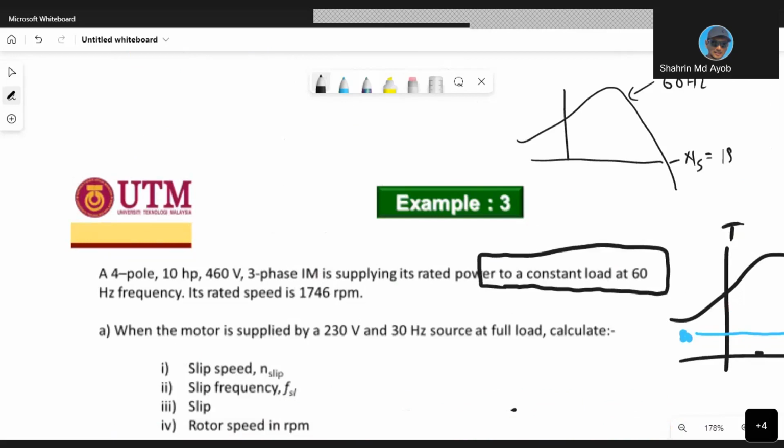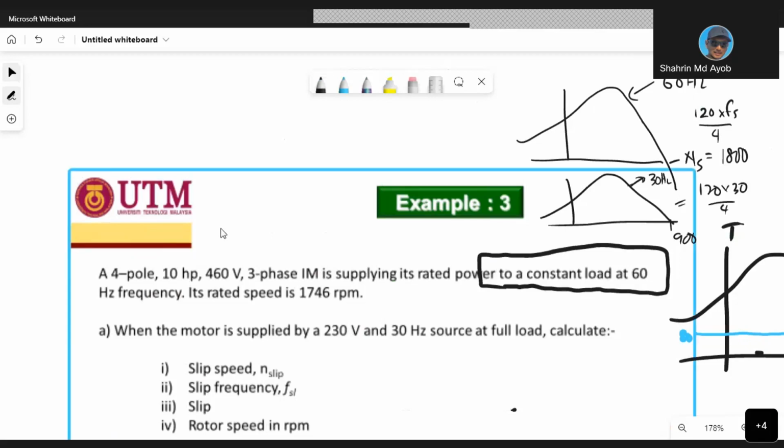NS is 1800. How to get 1800? By using 120 multiply with frequency supply, bagi number of pole, which is 4. So you should get that. And then your question is how to get 900? This one is actually for frequency 30 Hertz. So 120 multiply with 30 over 4. So that's why you have 900.